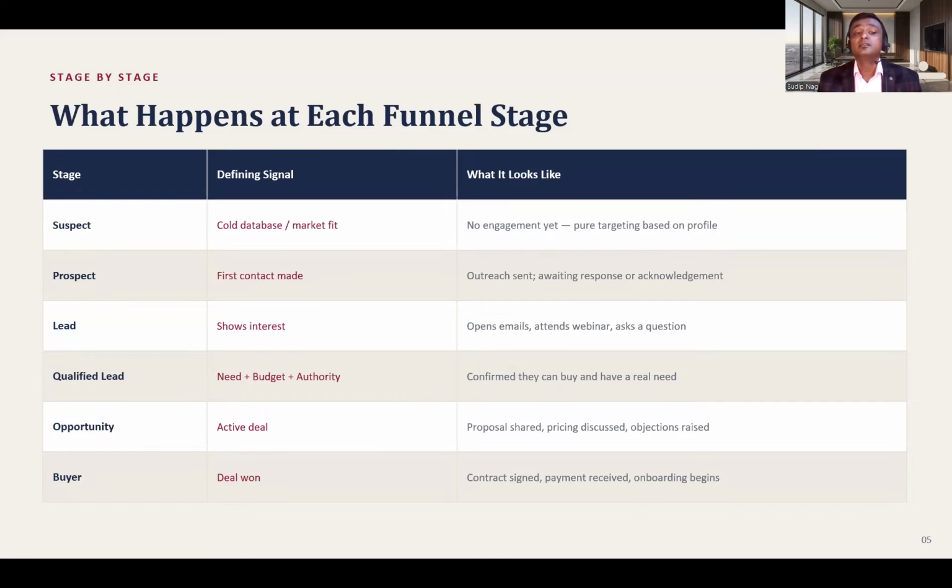Lead qualified is where budget, authority, everything has been confirmed and you have understood that they have also understood that the product is good for them. And opportunity, an active deal, where proposals are being shared, negotiations are underway, pricing is talked about, and then finally the promise to buy and a confirmation mail, and then the contract is signed and the product is sold.